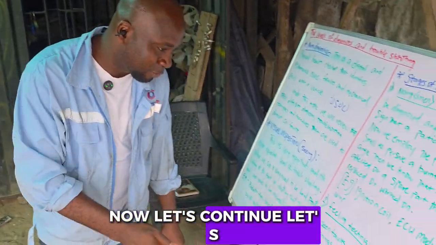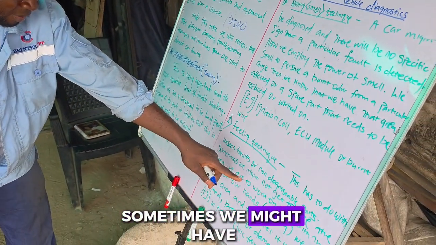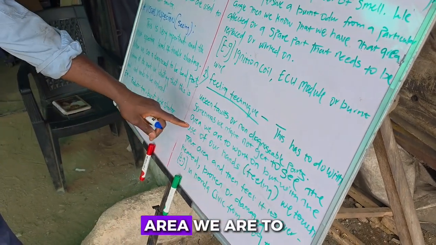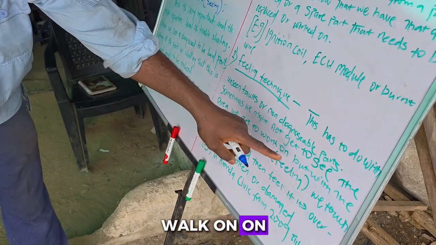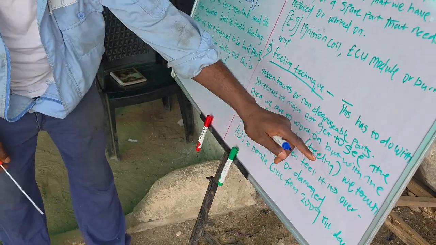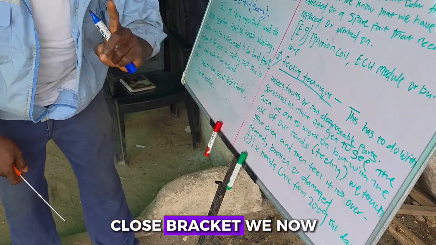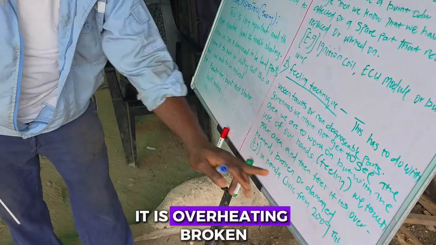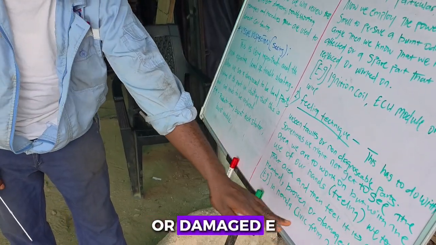Now let's continue. Sometimes we might not be able to see the area we are to work on, but with the use of our hands, feeling, we know the area and then feel it. It is overheating, broken or damaged.